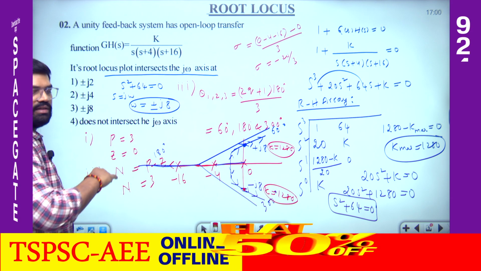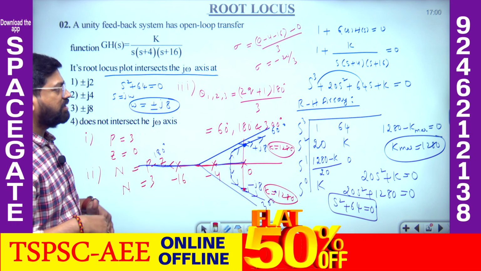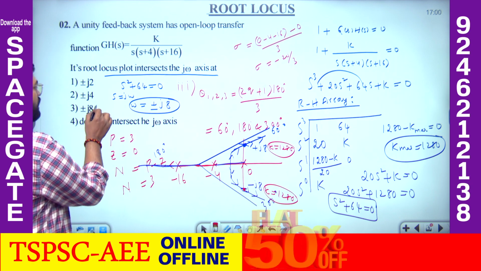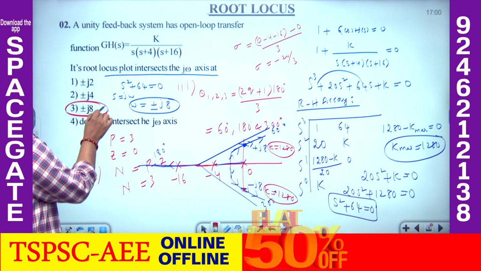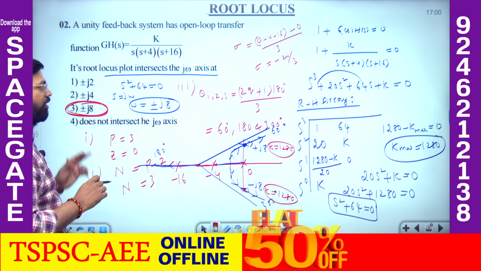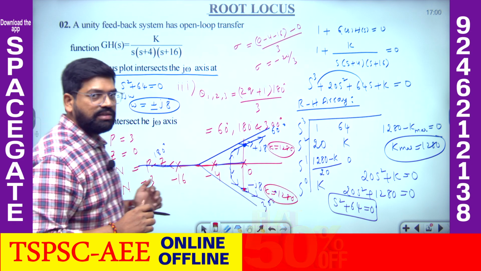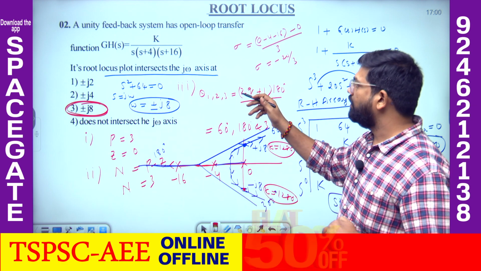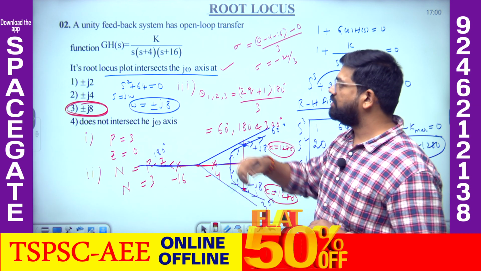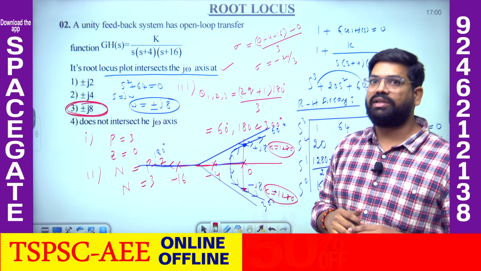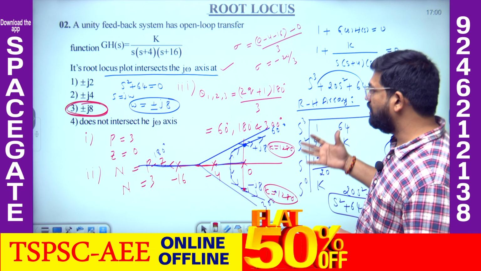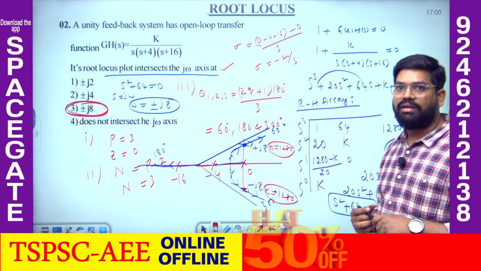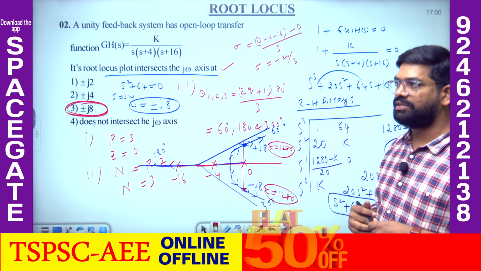One branch is at plus j8, another branch is at minus j8. It is crossing the imaginary axis. Then this must be our right option, because the question is about finding the intersection point with the j omega axis, means the third option is the correct one. Understood how we applied the different rules and regulations in this question.